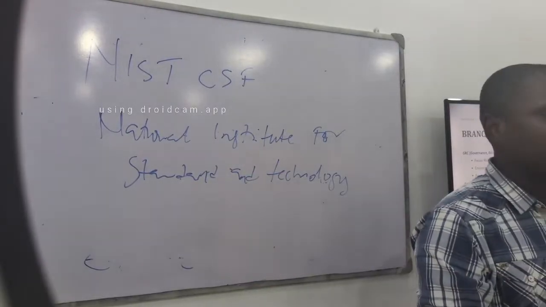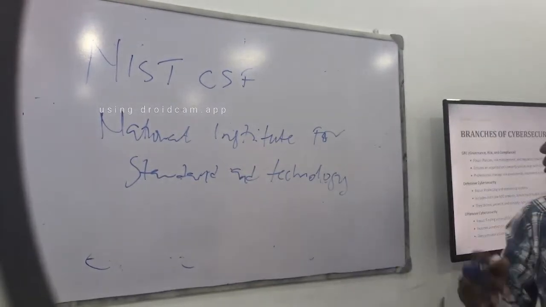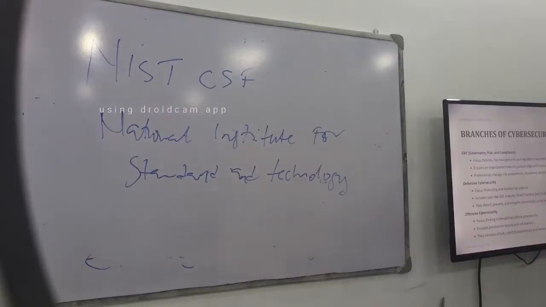So the main job of a GRC professional is to make sure this organization has a structure and policies, and also carry out risk management to identify potential risks and regulatory requirements. Is it clear? So we said the GRC focus is policies, risk management, and regulatory requirements.